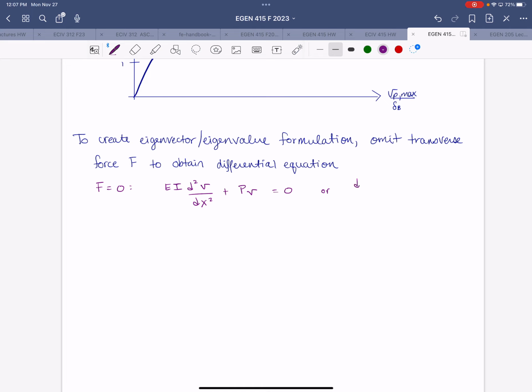Or we can rewrite that as the second derivative of deflection with respect to x plus the lowercase m squared times deflection is equal to 0. The solution to that differential equation is of the form C1 times cosine of mx plus C2 times sine of mx. So this here would be the starting point for any problem that does not have a transverse load.